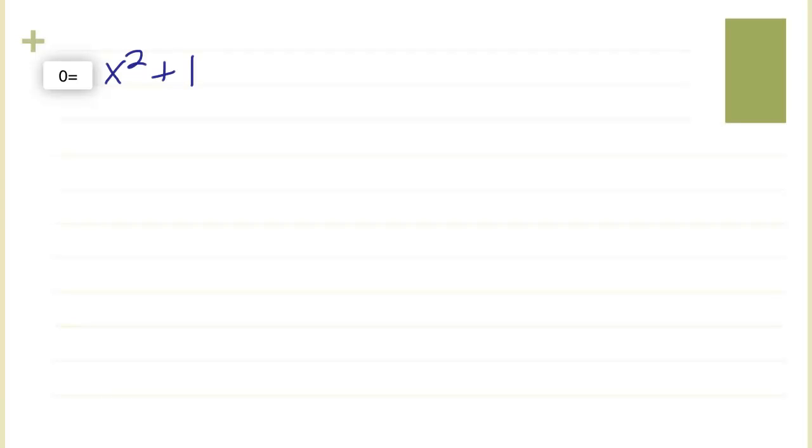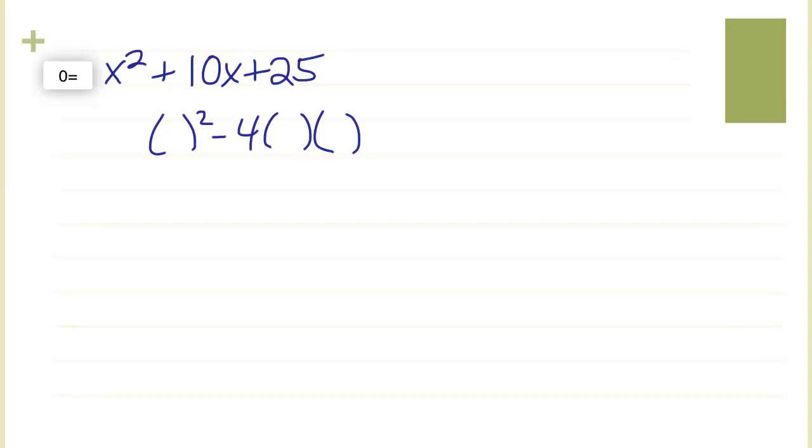Here's one. Similar, a little different. Again, I'm just going to go ahead and jump straight to b squared minus 4ac. 100 minus 100. Oh, that one's 0.